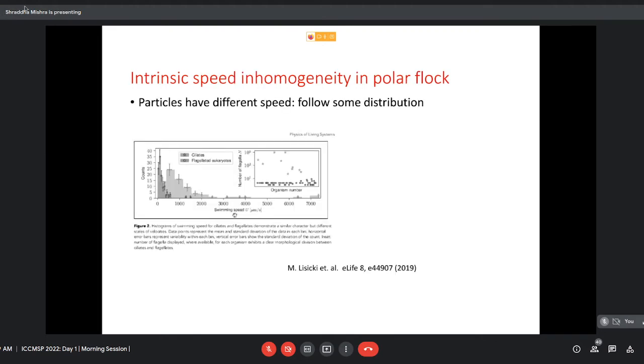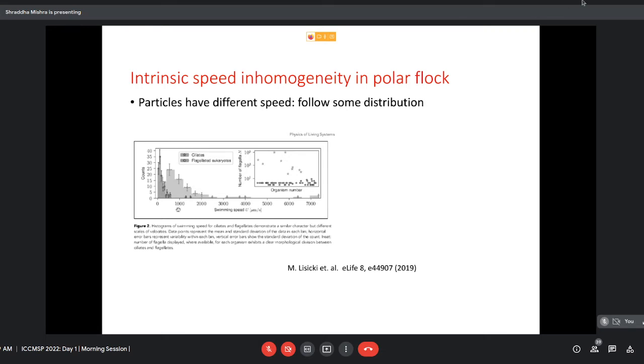Okay. So with this slide, I will show one experimental paper. This intrinsic inhomogeneity I mentioned is not just an approximation. It is also present in natural systems, for all the different examples I have given. But I'm just showing one case where, in a bacterial system, the speed distribution of particles is calculated.